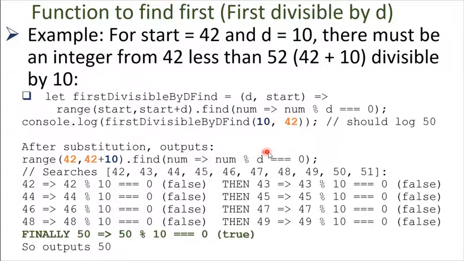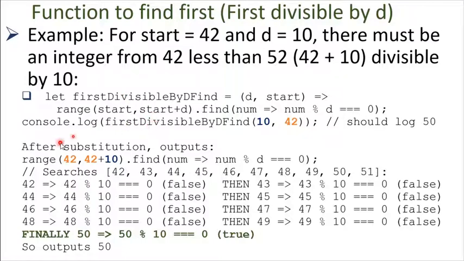First, range 42 to 42 plus 10 is going to generate the array 42, 43, 44, 45, 46, 47, 48, 49, 50, 51. So it stops one before the ending number that we give it, which is fine because we said that there would be a number that's divisible by 10 that's less than 52, and also greater than or equal to 42.